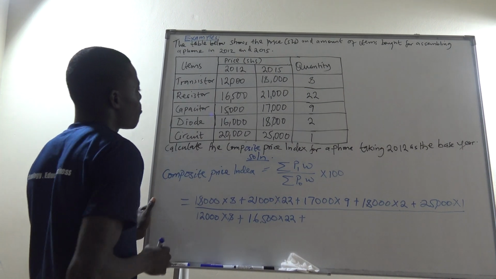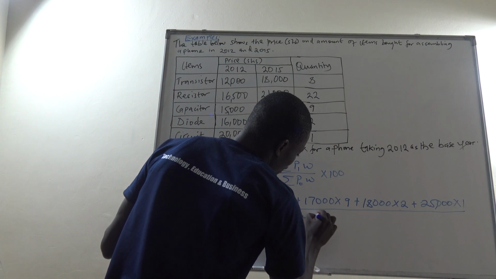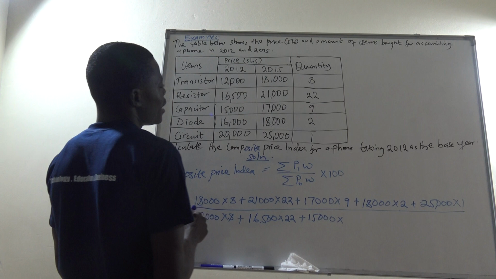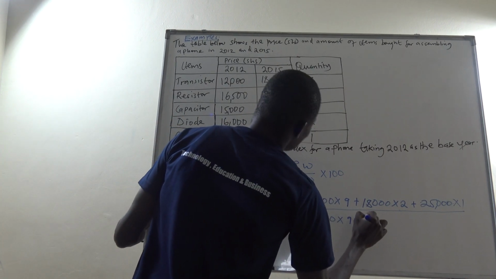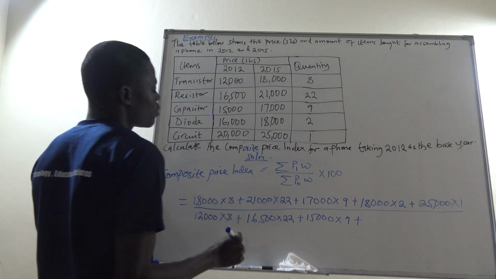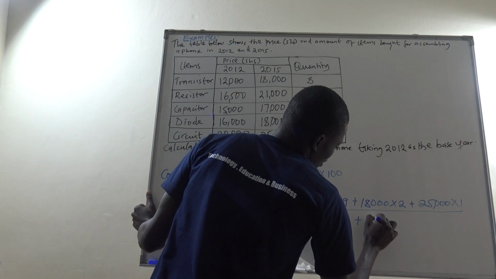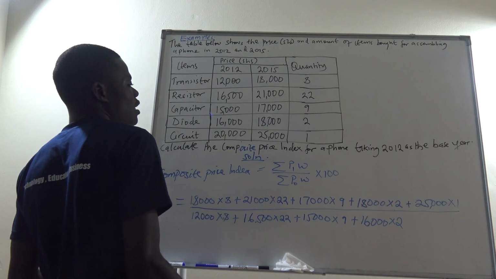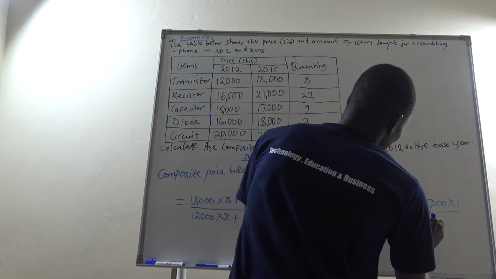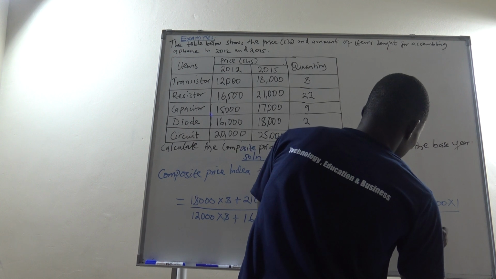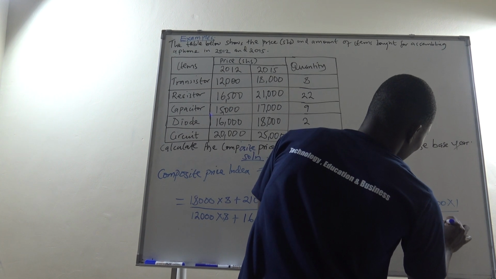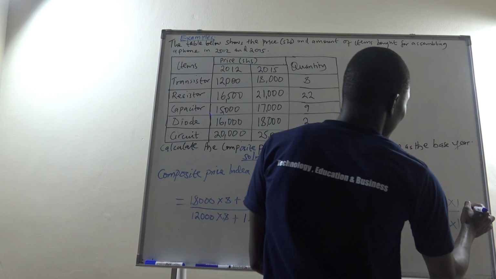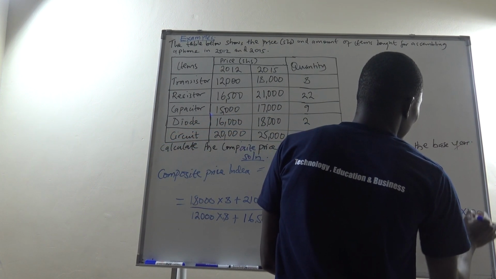Then plus the capacitor, which was costing 15,000 times the quantity, which was 9. Then plus the diode, which was costing 16,000 times the number of diode used, which was 2. Then plus the circuit, which was costing 20,000 times the number of circuit used. So the total you get here, you multiply by 100.